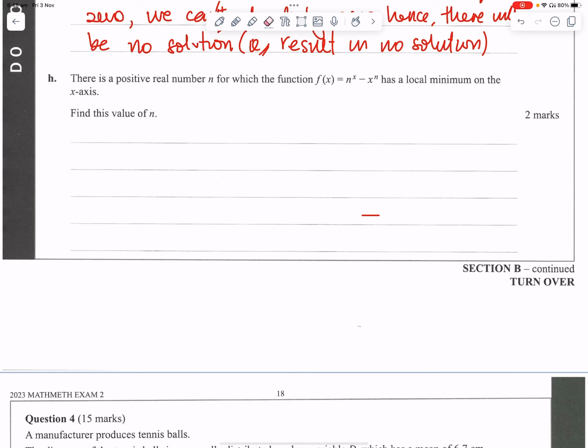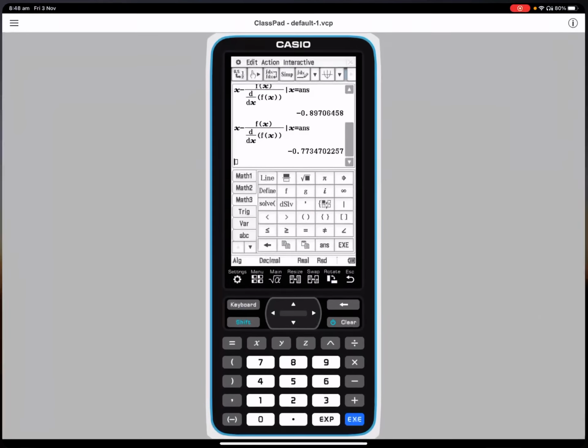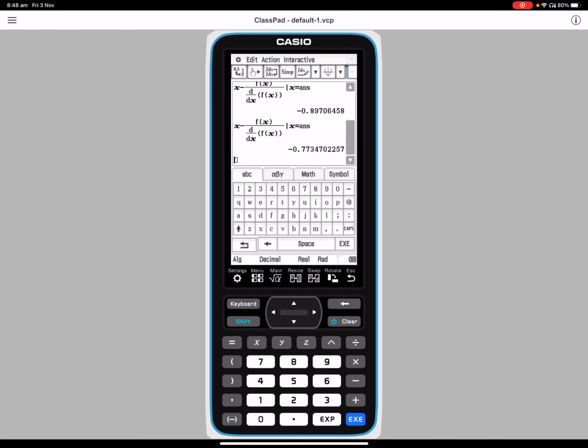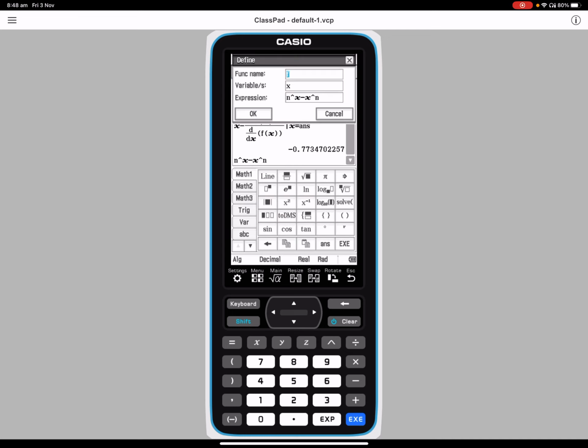Okay, there's a positive real number n for which the function has a local minimum on the x-axis. Find this value. So n to the x minus x to the n. Let's call that g of x.